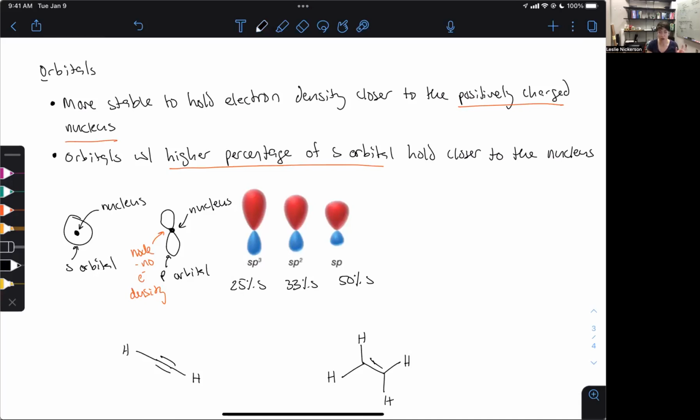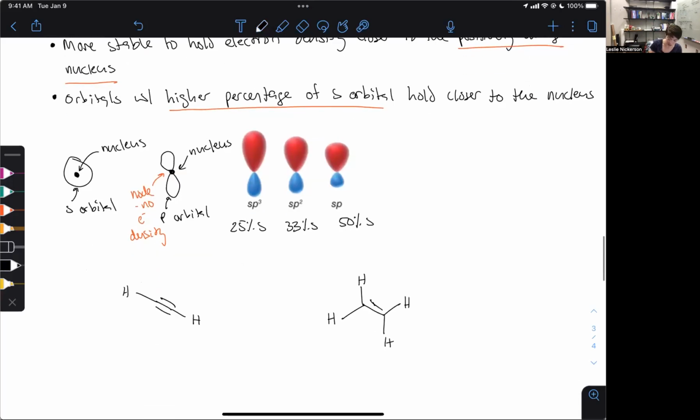And once I start taking out some of that p, I'm essentially increasing the ratio of s to p in the system. You can see my orbitals keep getting a little bit shorter, a little squatter, a little rounder, because now I've got up to 50% s in my sp orbital. So the more electron density I can have around that nucleus, the better it's going to be.